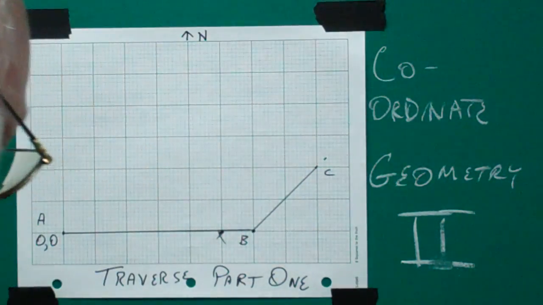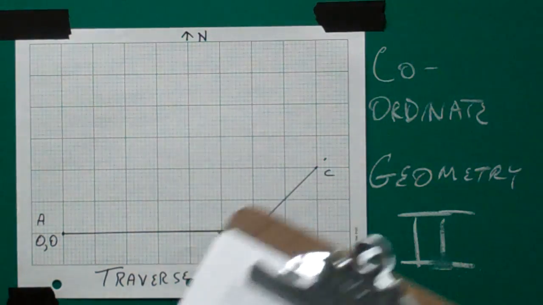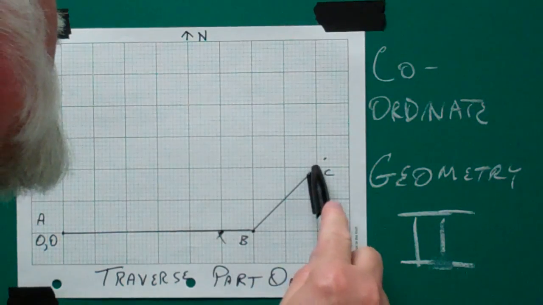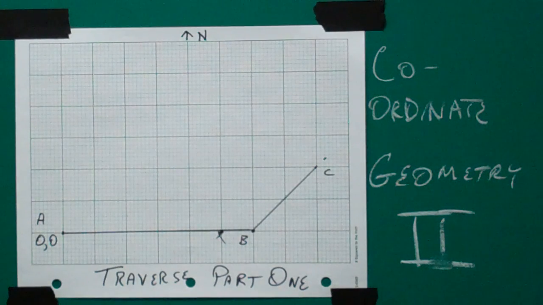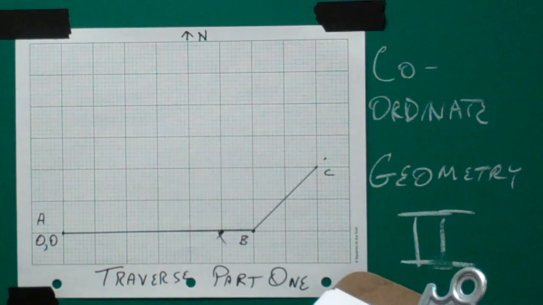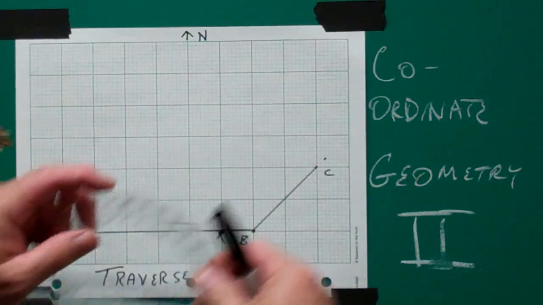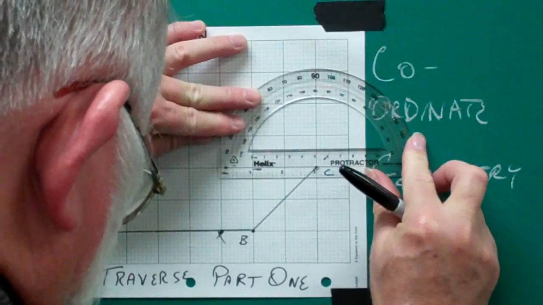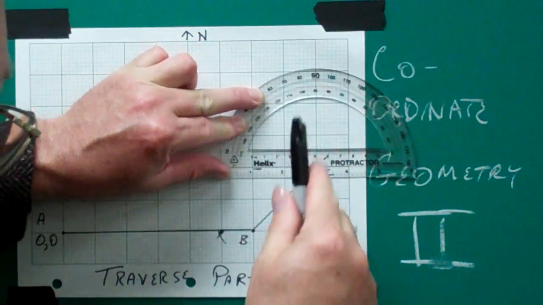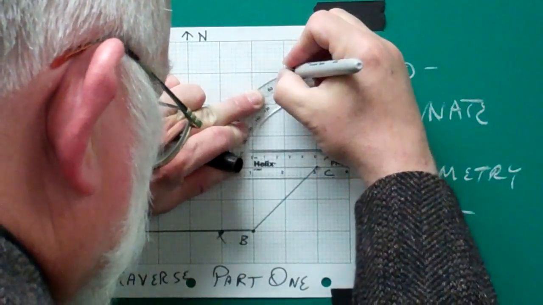Now, this is where it gets a little bit more interesting. We're saying from this point, C, and C is right here, not that line, that point right there, it is north 20 degrees, 33 minutes, 22 seconds west. So what you have to do is take the protractor, put it there, so 10, 20, and a tiny, tiny bit.